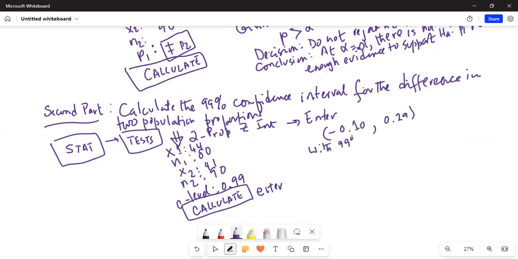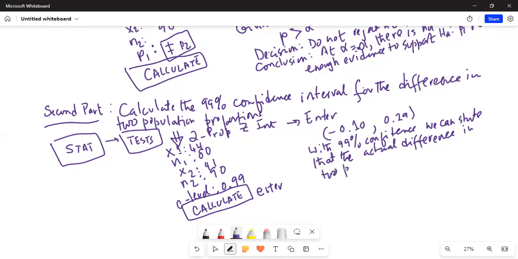With 99% confidence, we can state that the actual difference in two population proportions will fall between minus 0.1 and 0.29.